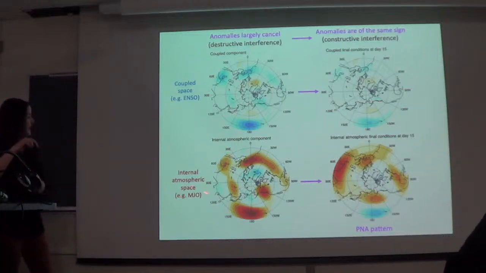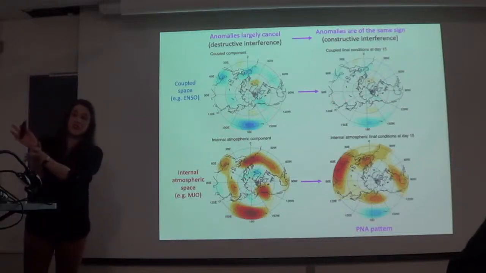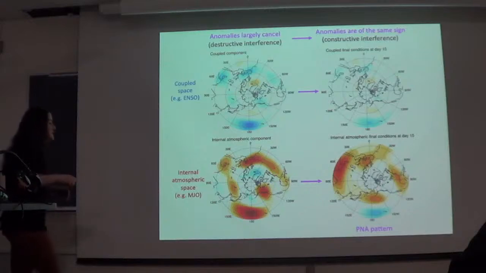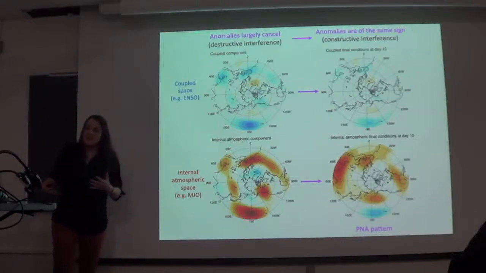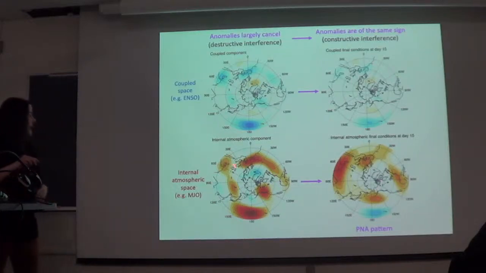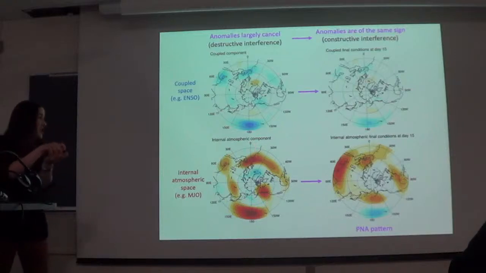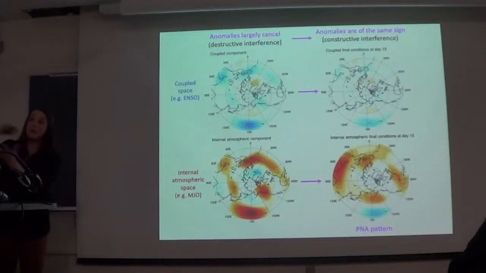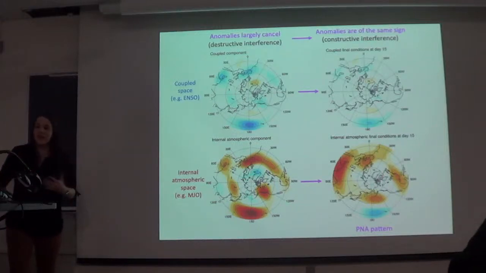As the MJO propagates eastward and as these anomalies all evolve, this evolves towards constructive interference, where we now have anomalies of the same sign associated with these spaces, which will amplify the signal. And when we go from a really small, weak signal, where there's a lot of cancellation, towards an amplification of the signal, you get rapid growth, this maximum growth of the PNA pattern.